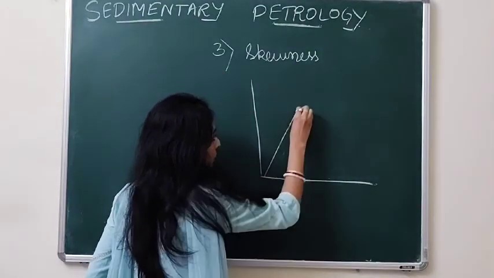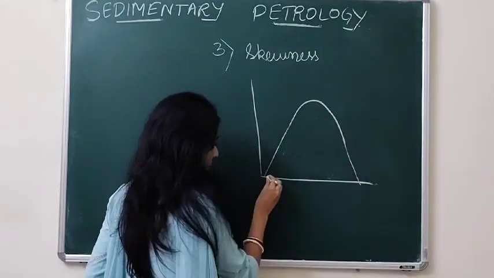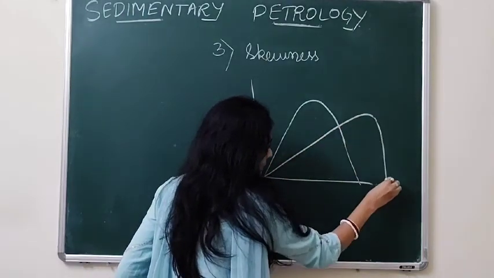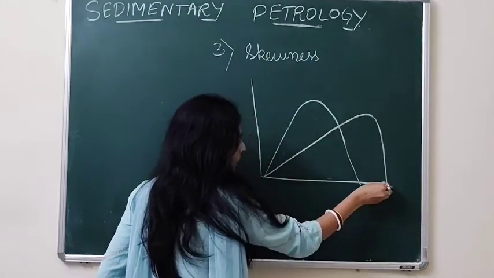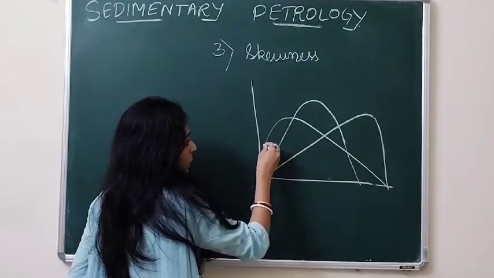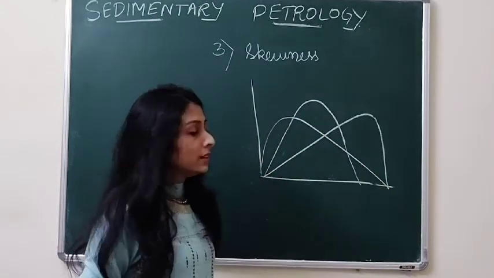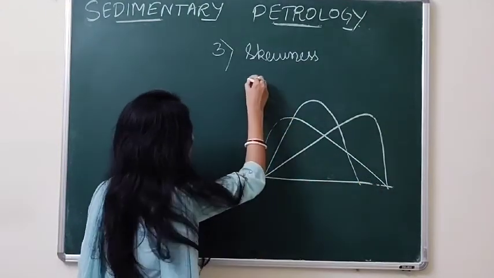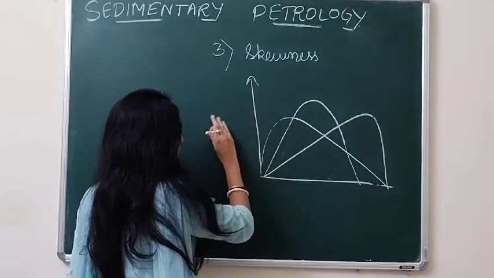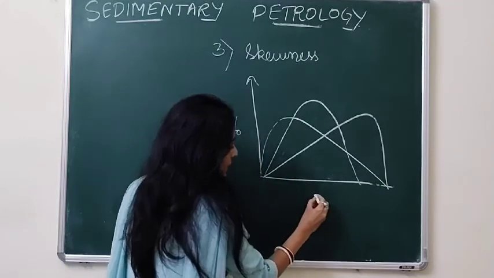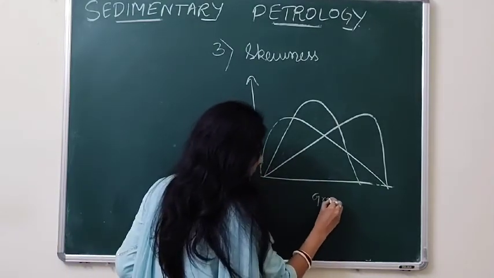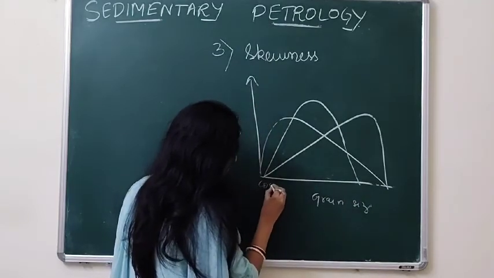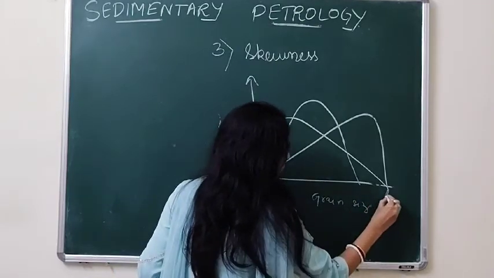Okay, so this is your bell shaped curve. Sometimes this bell shape can be like this, or it can be just the other way around like this. Clear? So this is percentage, that is frequency, and this is grain size. So here we have coarse, here we have fine.